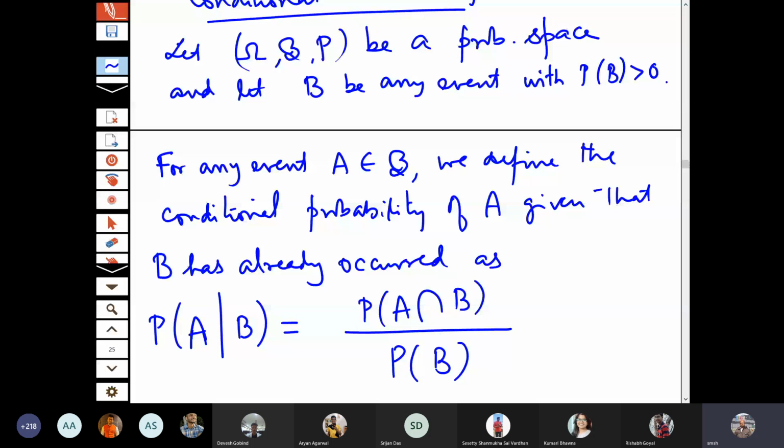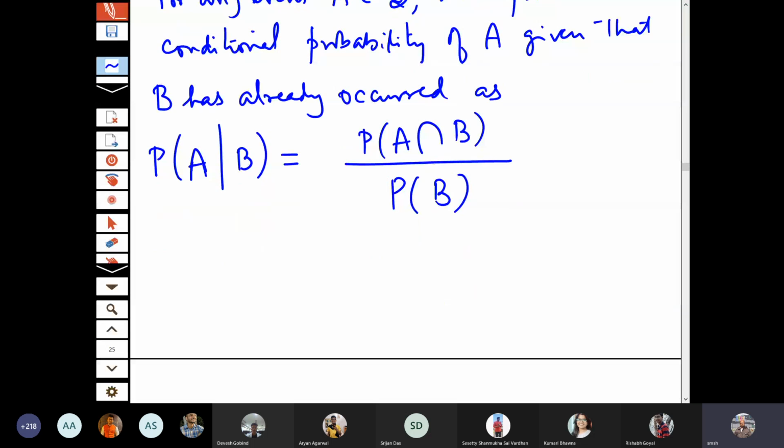You can check that it is well defined. And from here you can conclude something very quickly.